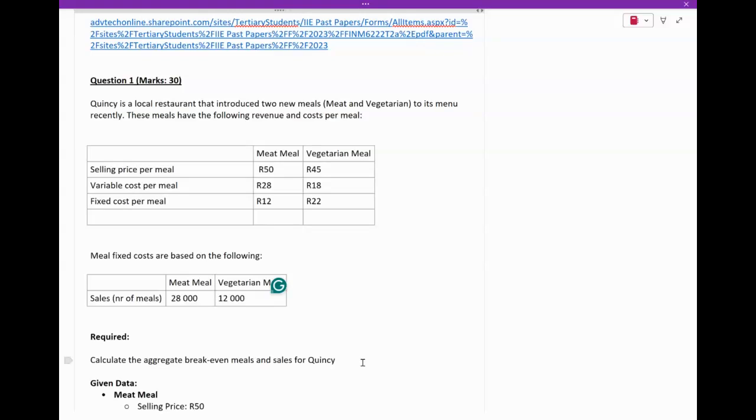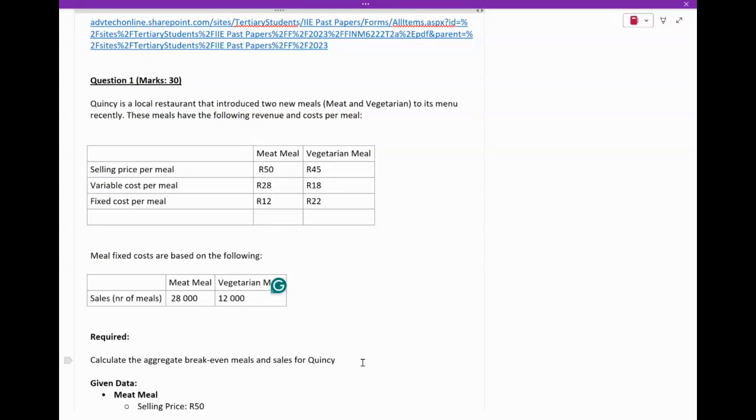So in order to get the aggregate break-even, remember when we say aggregate, we're looking at all the products that you're selling. In this case, we have two products, two meals, that we're selling. So it's going to be your total fixed costs, I'm going straight to the end formula, divided by your average contribution per unit.